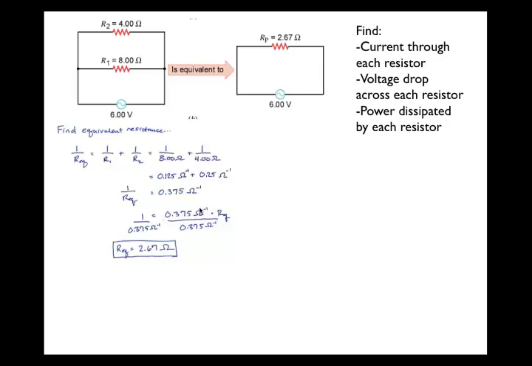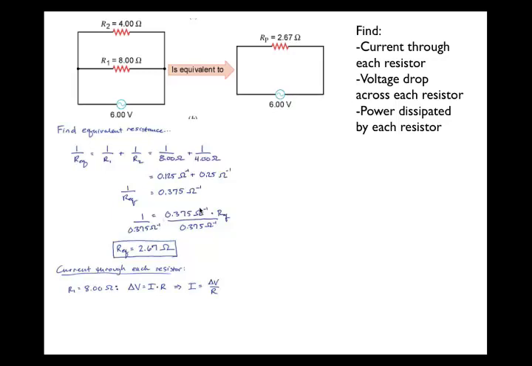The equivalent resistance ends up being the 2.67 ohms that's labeled on the diagram above. And one of the places I see people occasionally messing up when they're analyzing parallel circuits is they add up all of the inverses of the resistors, but then they don't invert the final result. So as you're solving parallel circuit problems, keep an eye out for that. The current through each resistor can be found by applying Ohm's law. So current equals potential difference divided by resistance.